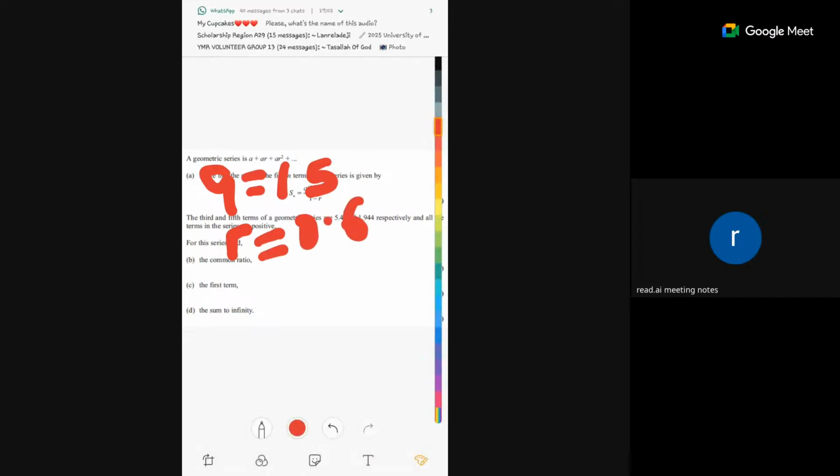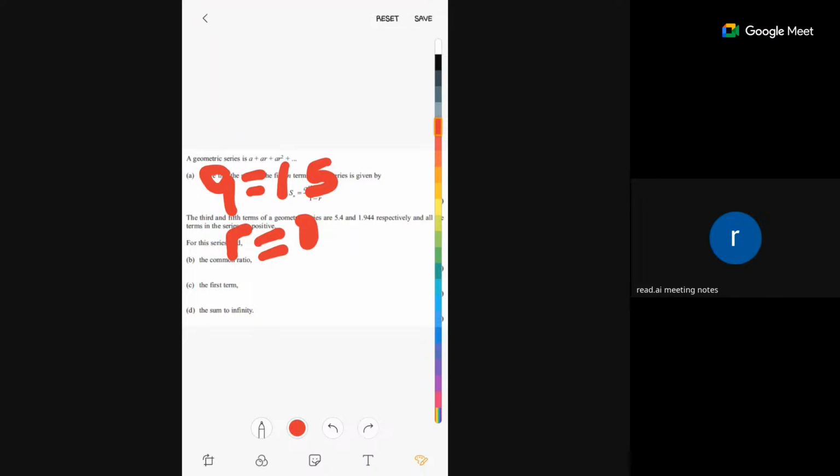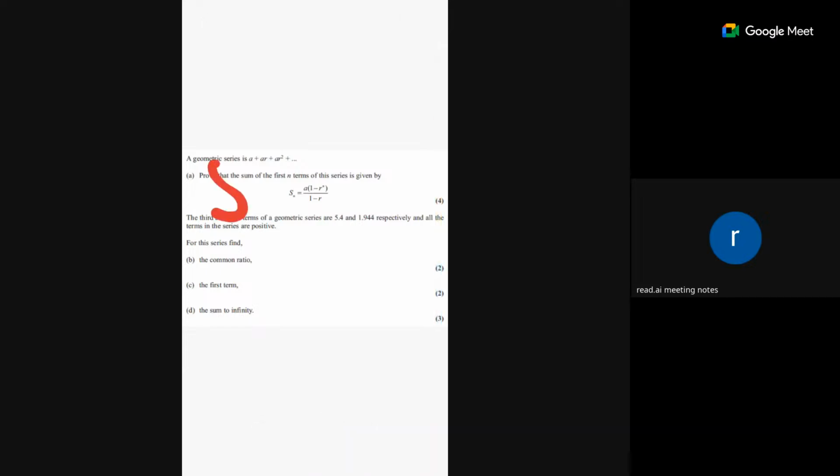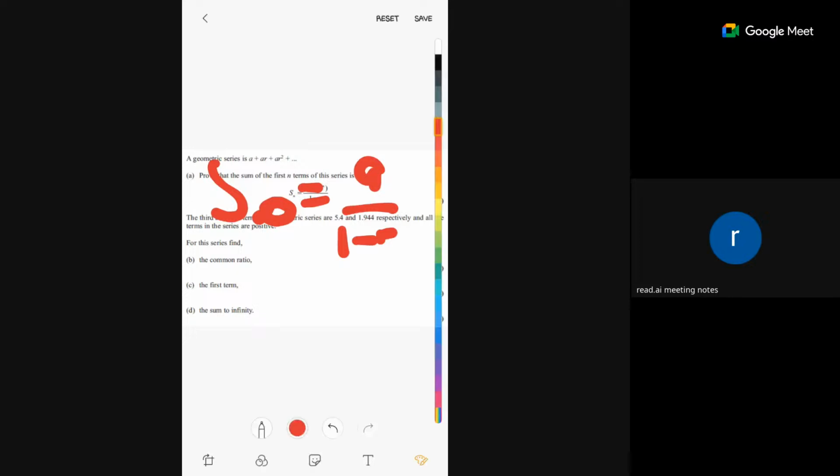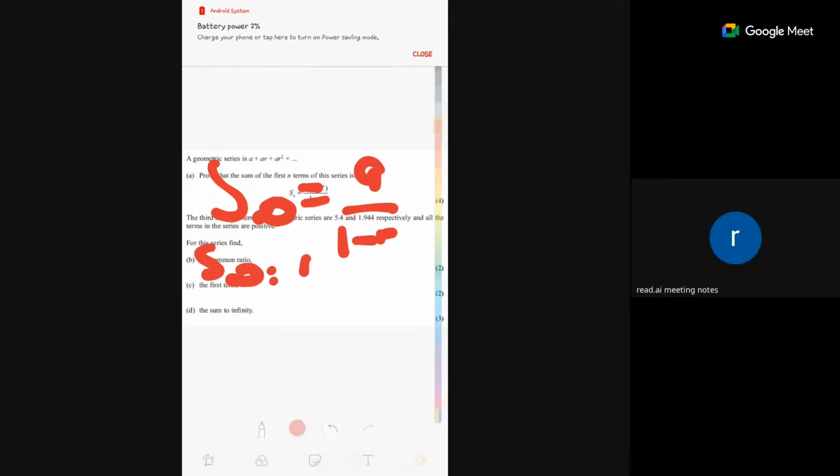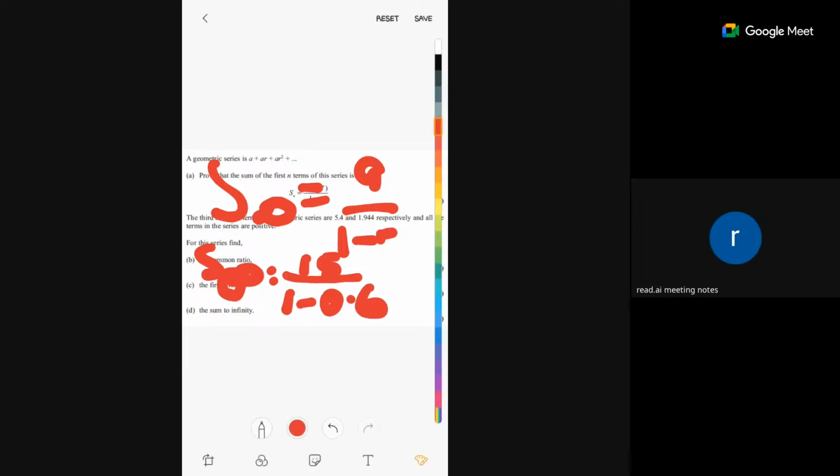So now I'm going to do my sum of infinity. My sum of infinity is a over 1 minus r. So the sum of infinity is going to be 15 over 1 minus 0.6. So from there I'll calculate my sum of infinity.